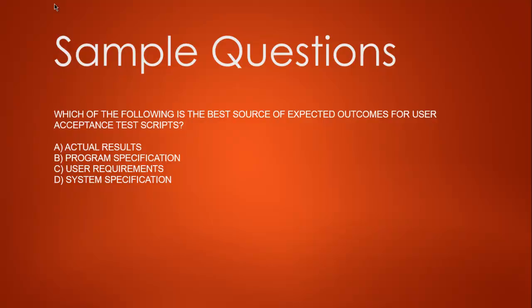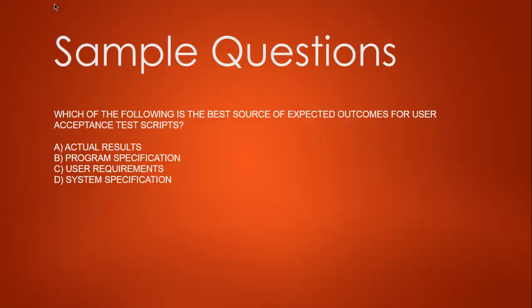So environment, program, and documentation really doesn't give us the best source for user acceptance test scripts. So it's only user requirements that we want in order to have acceptance test script. So answer here is C.